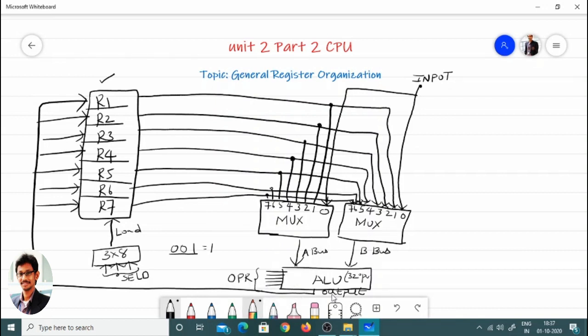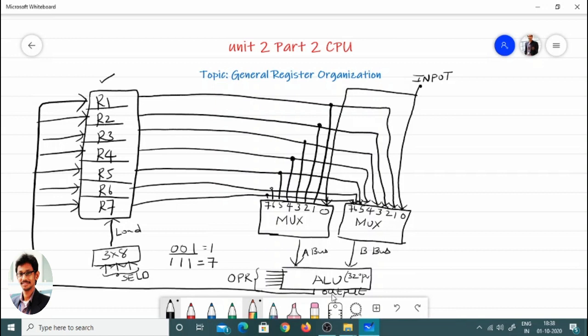If SELD is 1, 1, 1, which register will be selected? Register 7, R7. So the output goes to R7. How? Because the corresponding load signal, the R7 load signal, will become high. At that time what happens? The output goes to that particular register, right?